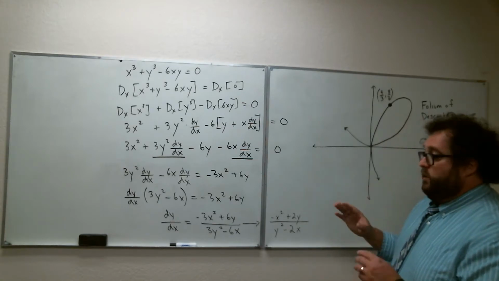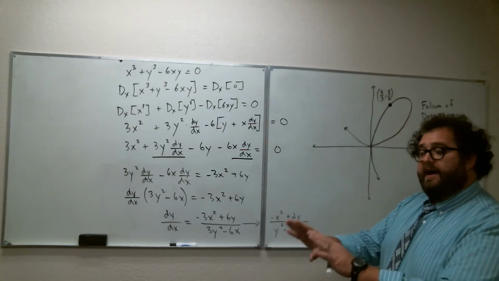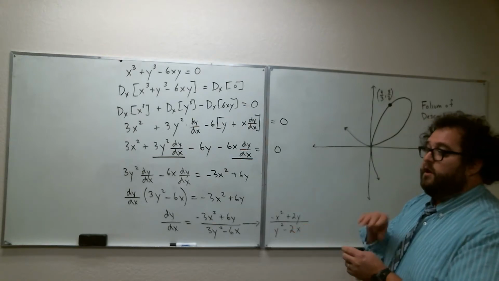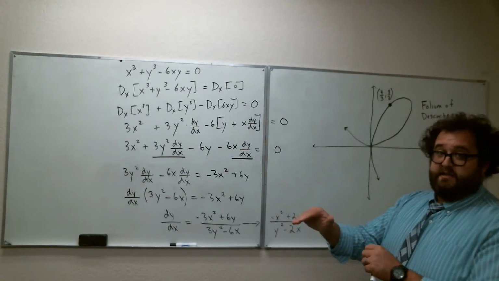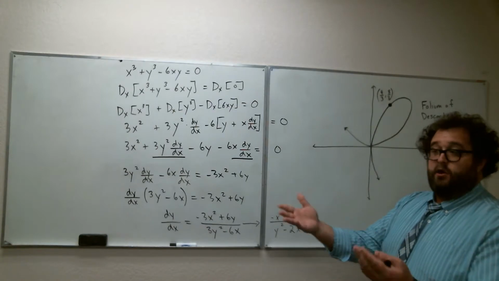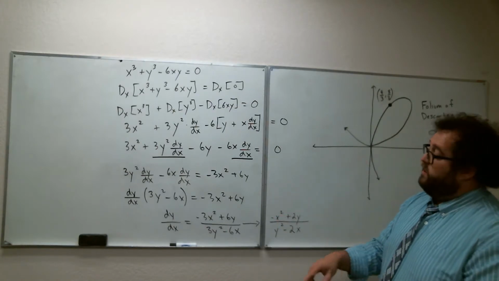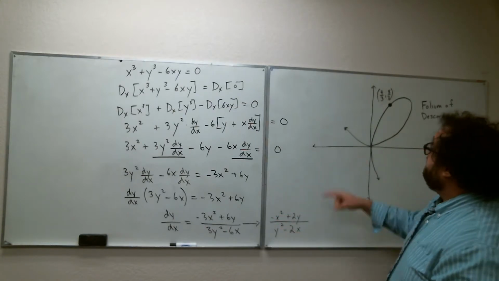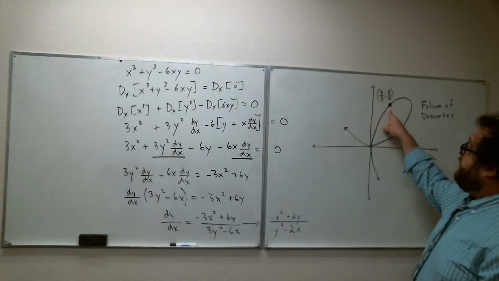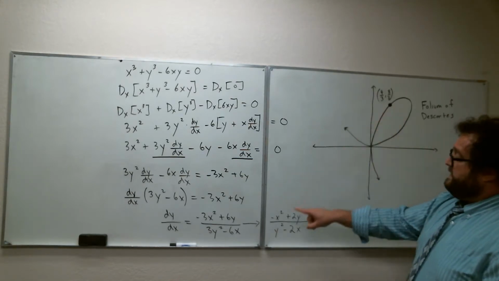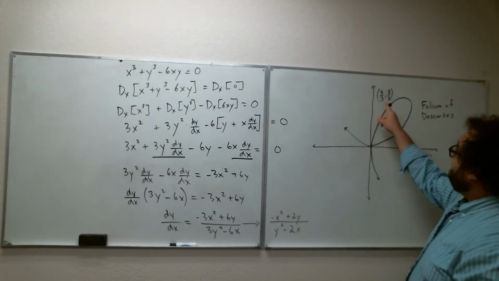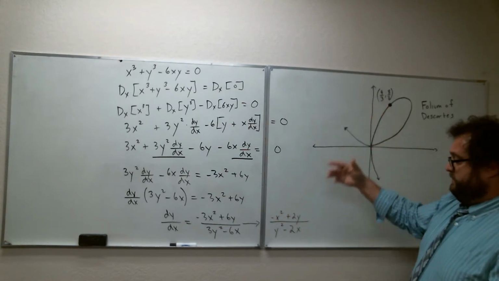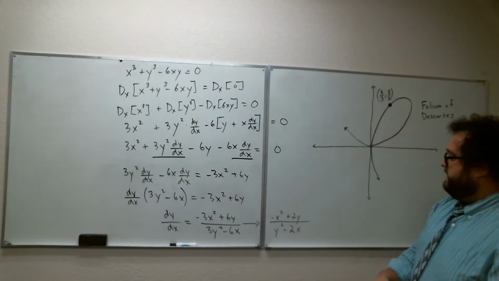So instead of, with the regular explicitly defined derivatives, we just had to plug in x to find the slope above or below that x value, here we have to plug in x's and y's, but we're given this point. So all we have to do is evaluate dy/dx at this point. So it's going to be a little bit of arithmetic here.